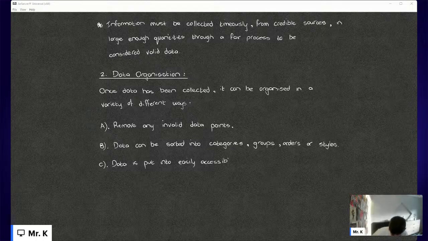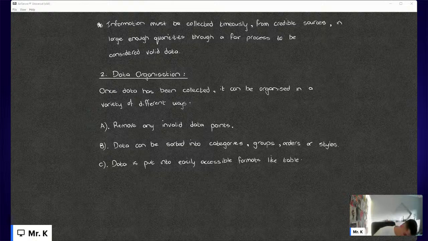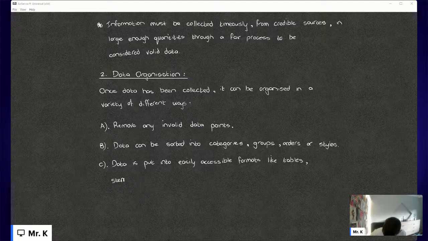Easily accessible formats like tables, stem and leaf plots, or tallies.